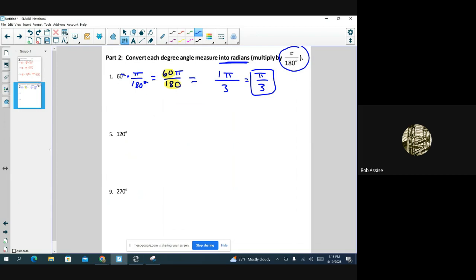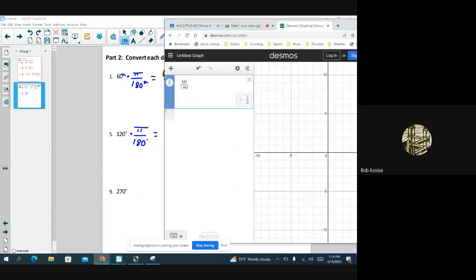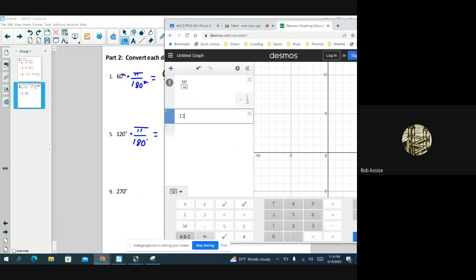We don't need that 1 in the numerator. For number 5, same thing. We're going to get this into radians, so that conversion factor will be pi over 180 degrees. The degree measurements cancel, so we'll have 120 pi over 180, and again, we just need to reduce this 120 over 180. So to do that, if we go to decimals, I'll type it in a new part, 120 divided by 180.